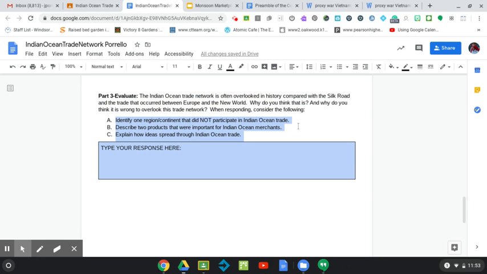Okay. So part A for the guiding question says identify one region or continent that did not participate in Indian Ocean trade. And well, Europe was not really a part of that, which is a really big reason why it's often overlooked because there's no European influence. And so you'd want to describe then some of the important products that were exchanged through Indian Ocean trade.